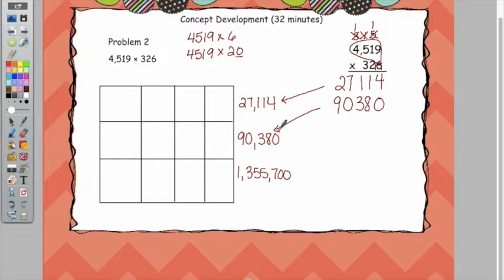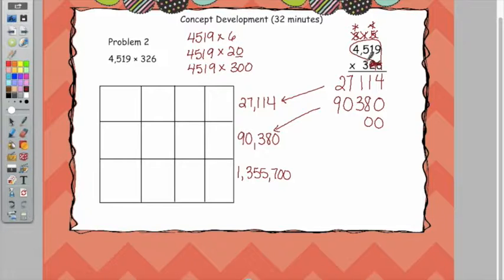So now the third problem I'm doing, I'm multiplying times 300. How many zeros are on the end of 300? 2. So when I write my zeros, how many will I need? 2. Okay. And you could draw a bell on that turtle's collar so you know that you're done with the 2. Need to focus, okay?